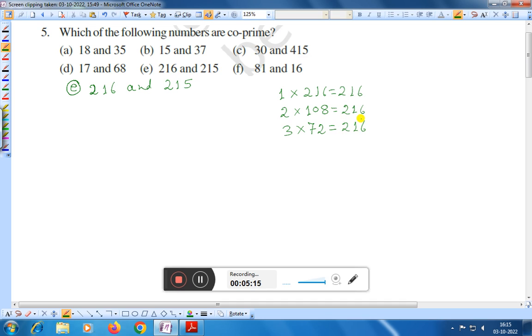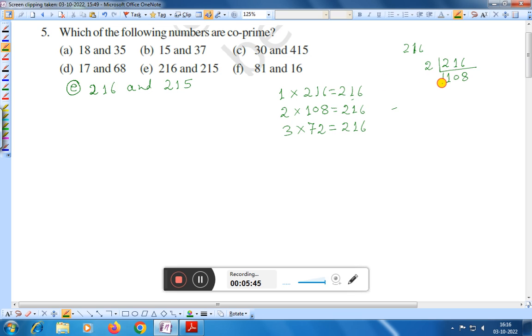With 4, can we find the number? Let us divide 216 by 4. Or you can find the factors also. 216 is 2 into 108.